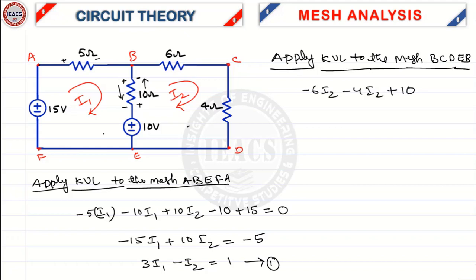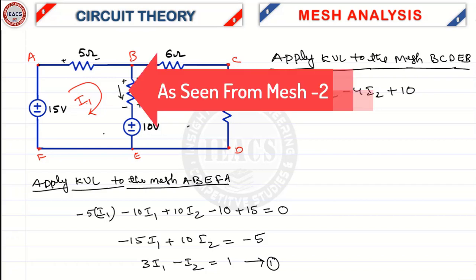Coming back to this 10 ohms resistor, this is common to both mesh 1 and mesh 2. According to mesh 1, there will be a potential drop across this resistor, because we are traveling in the same direction as the current I2. So according to current I2, there will be a potential drop in the same resistor.